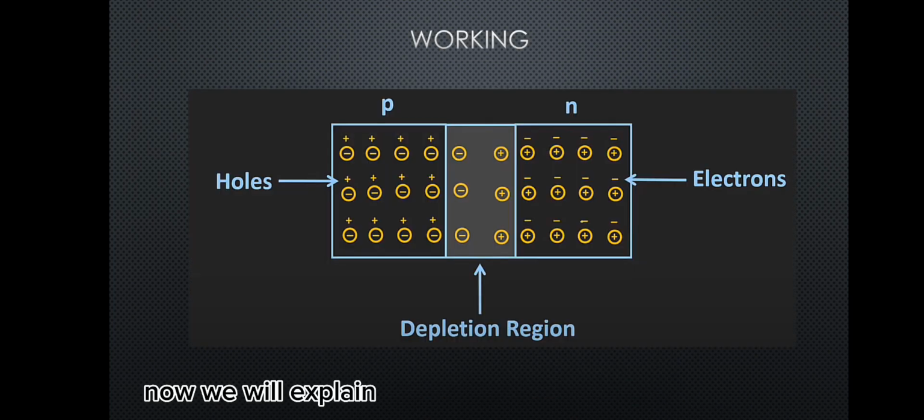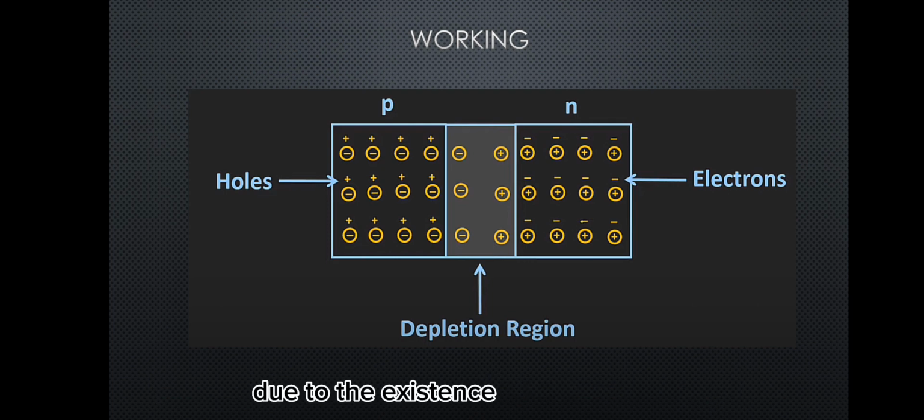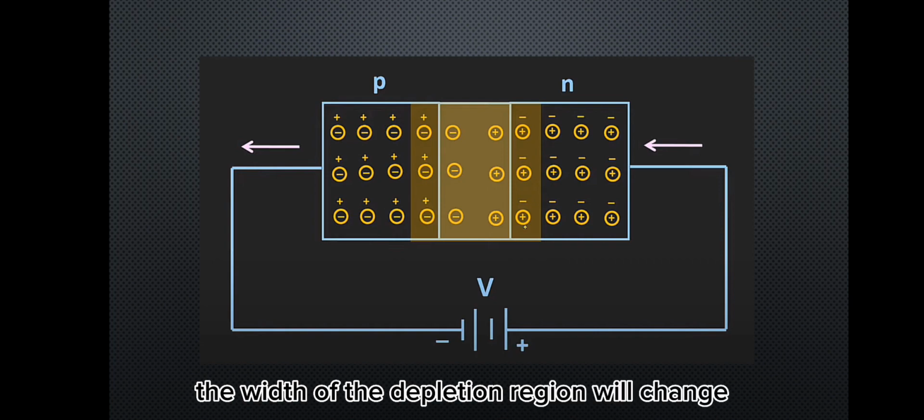Now, we will explain the working of the Varactor diode. Due to the existence of the PN junction, the depletion region will not allow the current to pass through and instead charge will be stored in the depletion region. And when we apply a reverse bias voltage, the width of the depletion region will change.